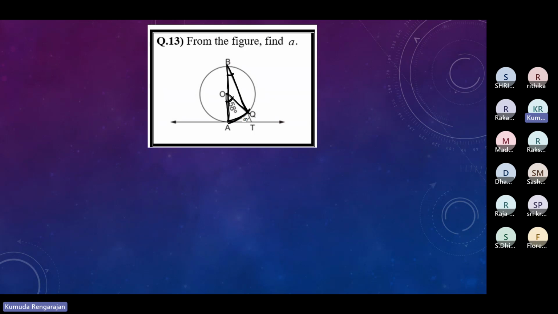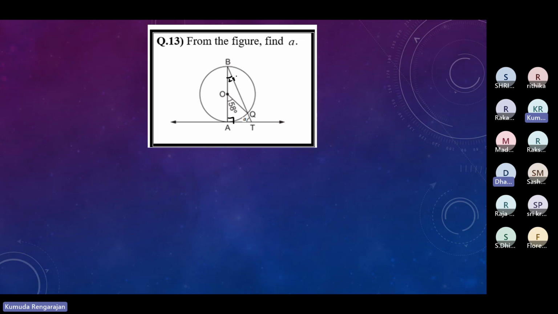It is correct, but say ABQ. So we have angle AOQ at O and angle ABQ at B, made by the same arc AQ. Since angle AOQ is 58 degrees, ABQ will be 58 by 2, 29 degrees. And radius perpendicular to tangent, this is 90.